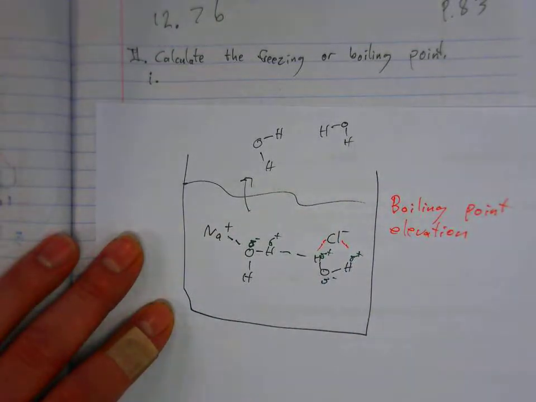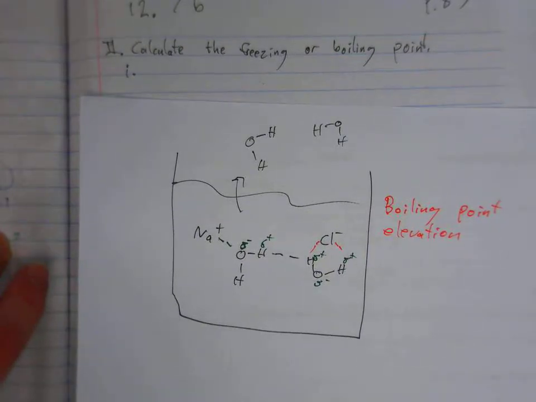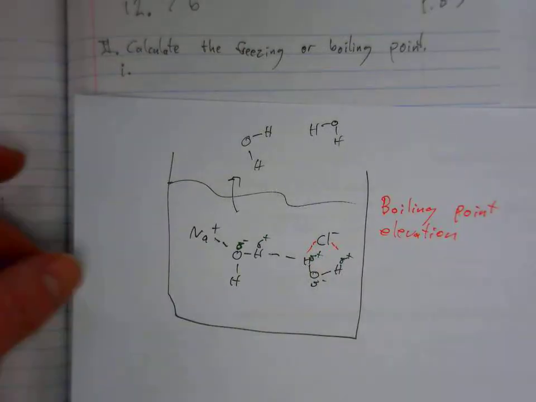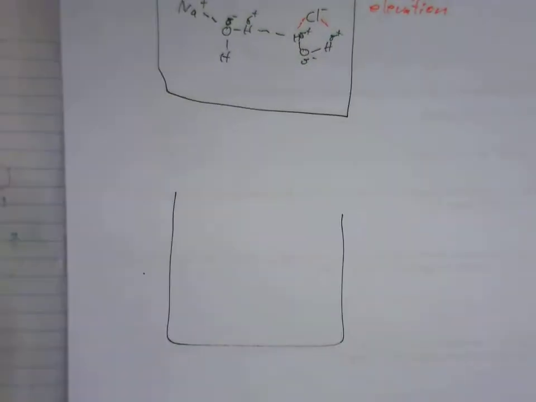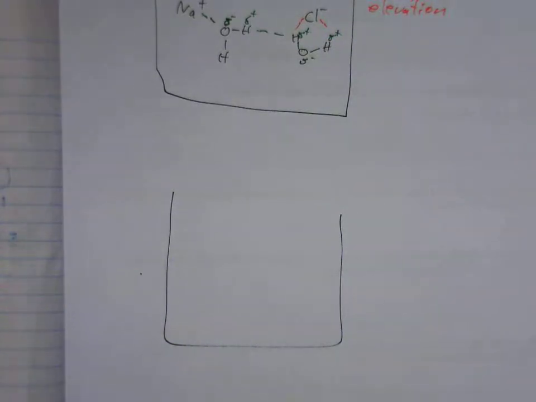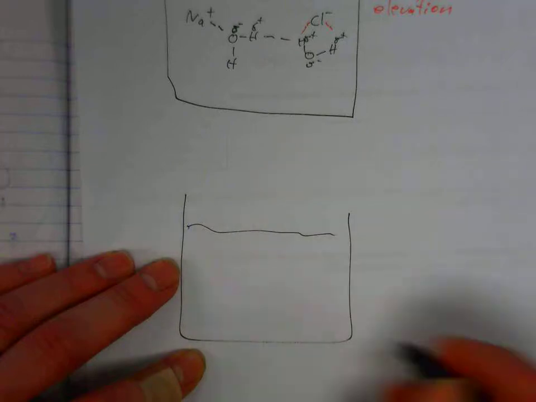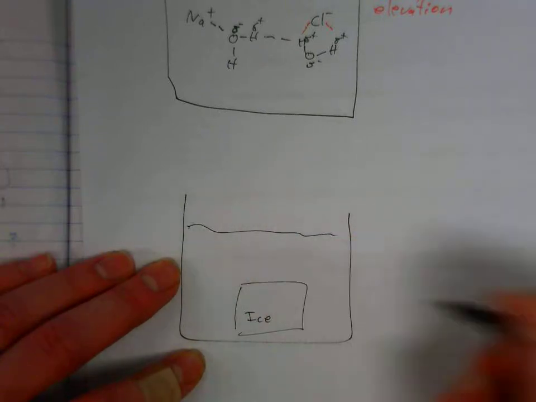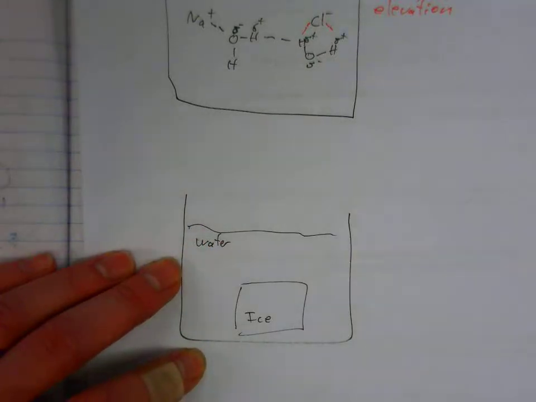Now consider the example for freezing. So if we have a liquid that's going to become a solid, there's ice, for example, if we had water. Now, in order for it to become ice, it has to form a very structured pattern.